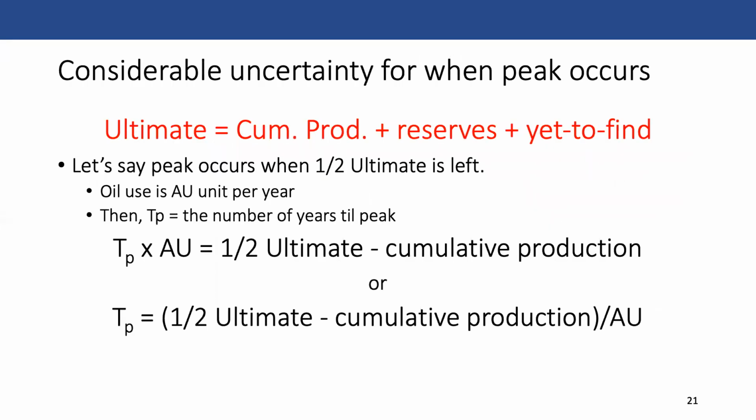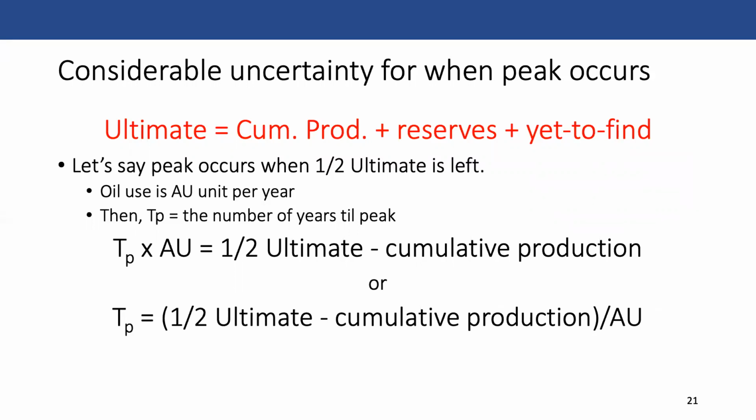So considering the uncertainty, we can do a quick, easy calculation. Again, this is that equation from before about the ultimate resources and cumulative production: what's been produced, what's in the reserves, and what we have left to find.